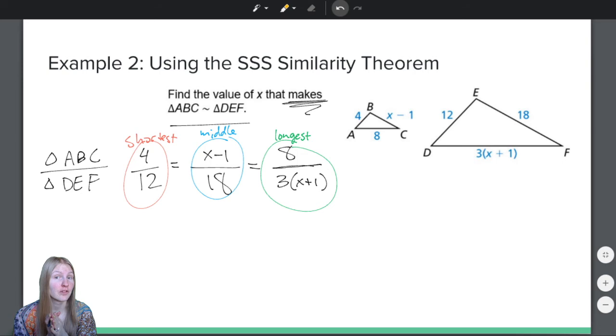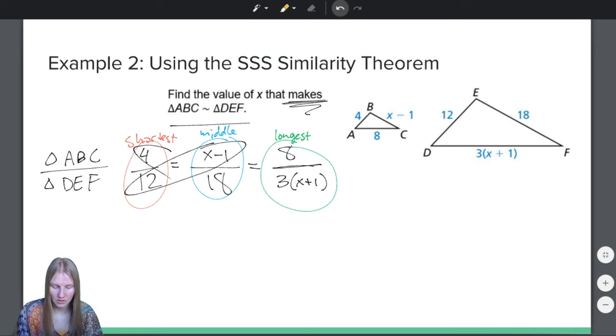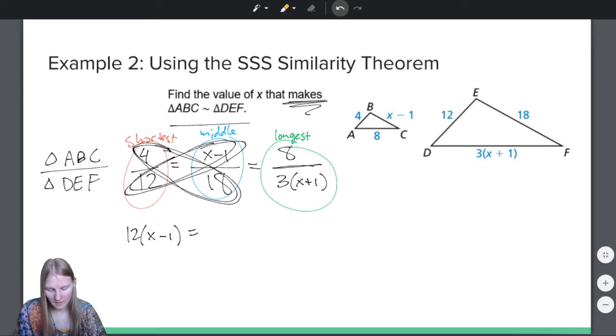Remember our butterflies? Remember our cross multiplication from section 8.1? We can do that here as well. We can take two of the ratios, set them equal in a proportion, and we could take 12 times x minus 1 equals 4 times 18, which is 72.